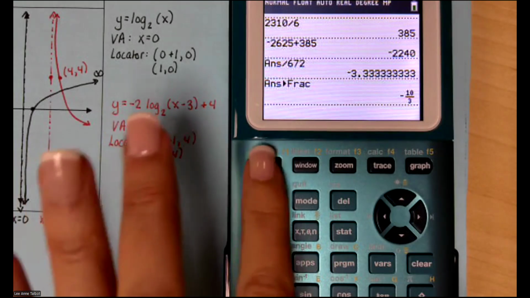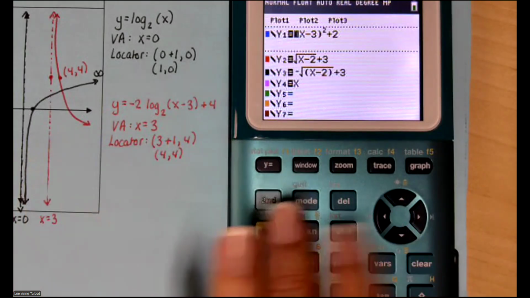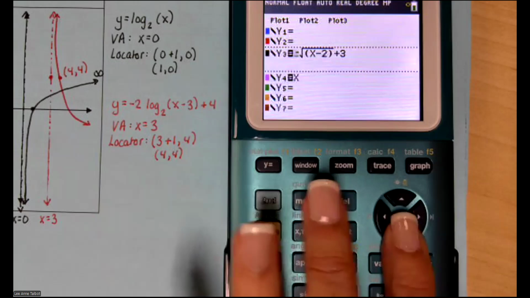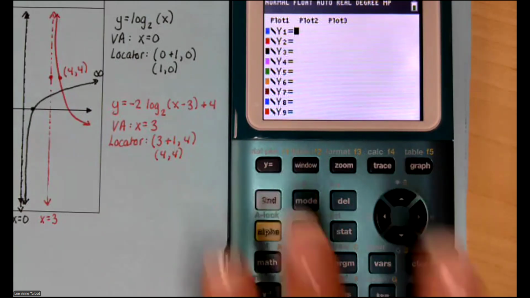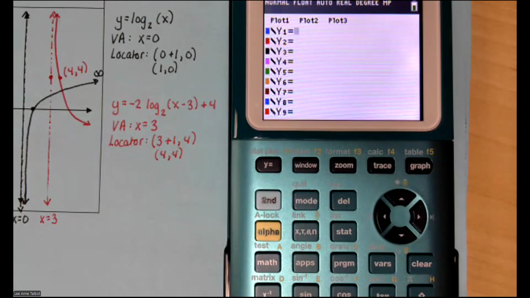Awesome. Okay. So everybody go to y equals, clear out. Here's all my stuff from inverses in there. I'm just going to clear it all out. And this is really important that you make yourself do this because everyone's calculator is different.